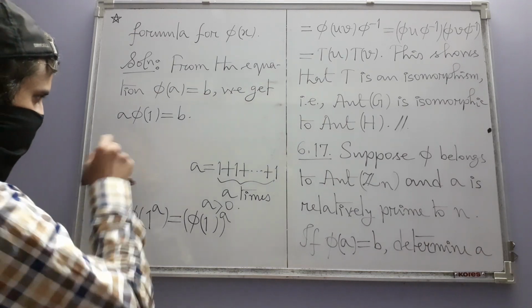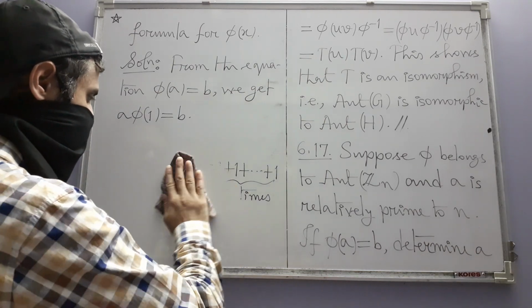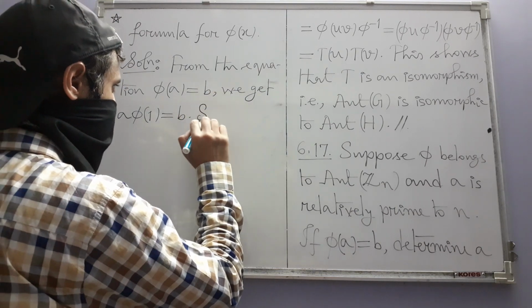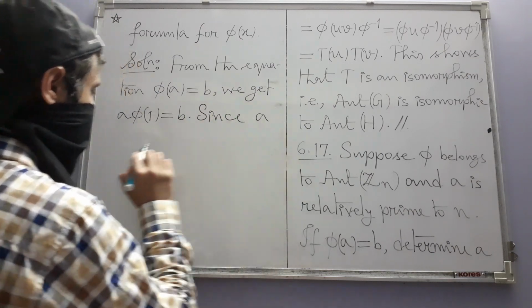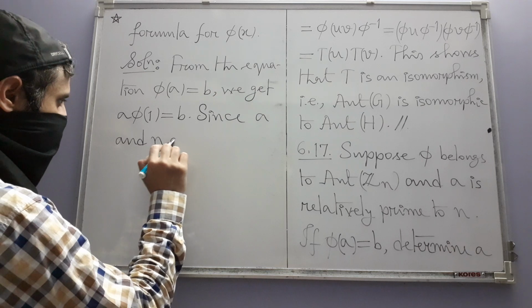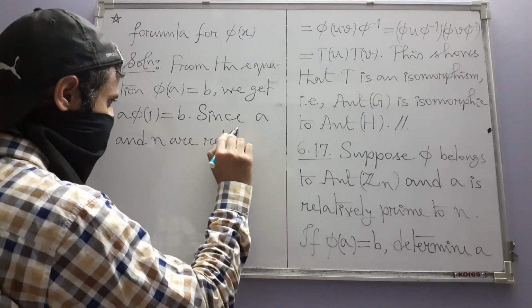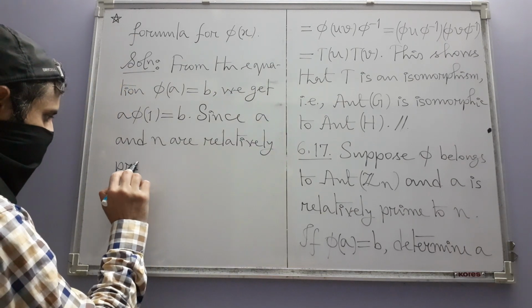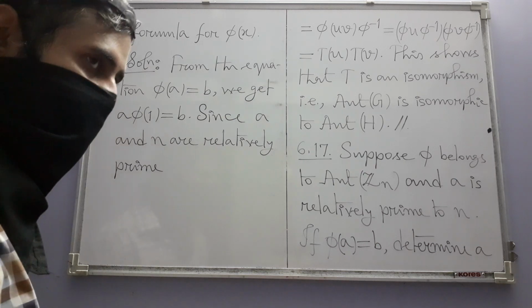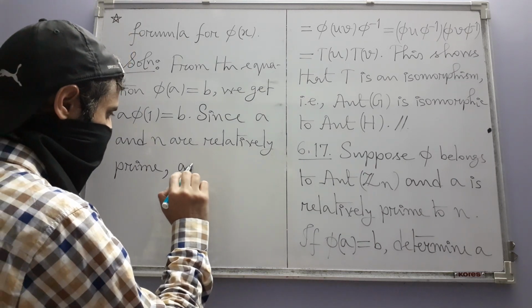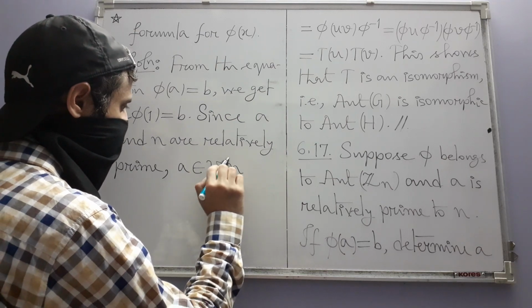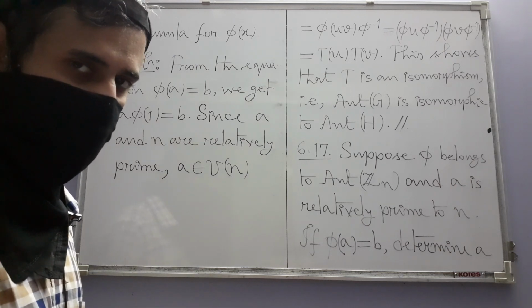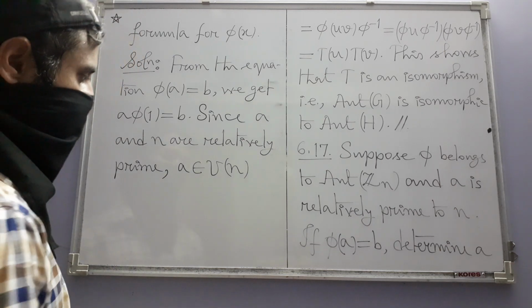But from this equation now, we can say something else also. Since A and n are relatively prime, that means their greatest common divisor is 1, A belongs to this group U of n, consisting of all the positive integers less than n and relatively prime to n.